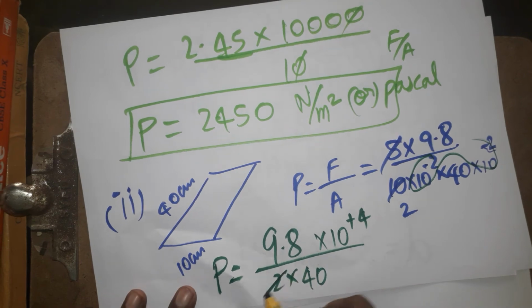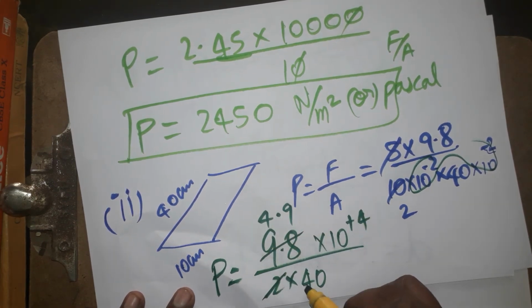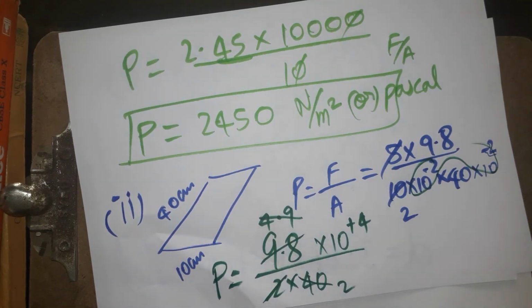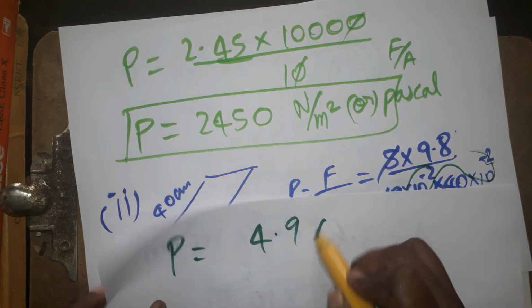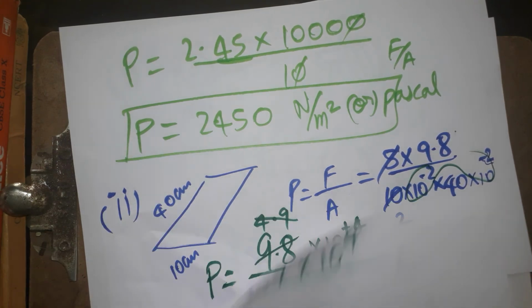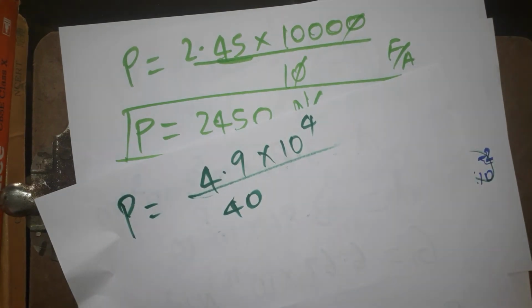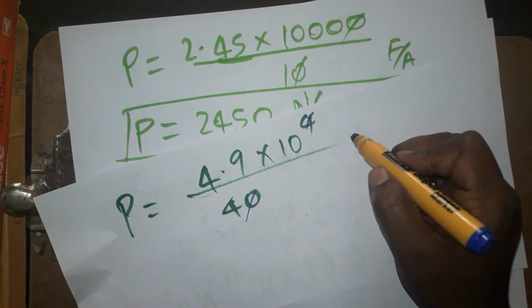Next I am going to cancel. So 2 table cancellation, 4.9 I will get. Again 2 table cancellation, as we already did. So pressure is equal to 4.9 into 10 power 4 divided by 2. Cancel, we have 40. Because of 1 power I can reduce, it will become 10 power 3.